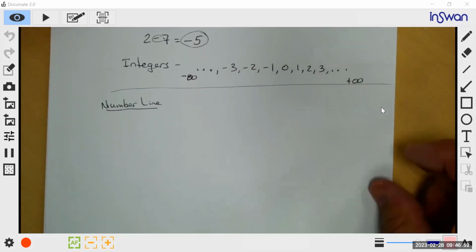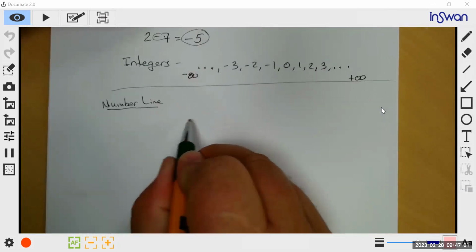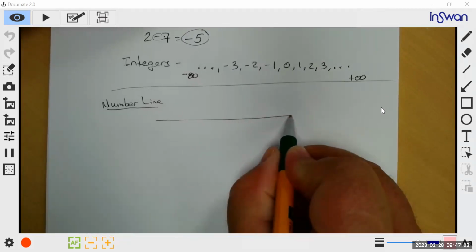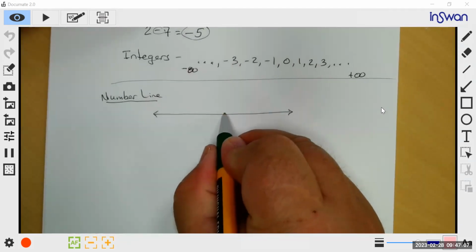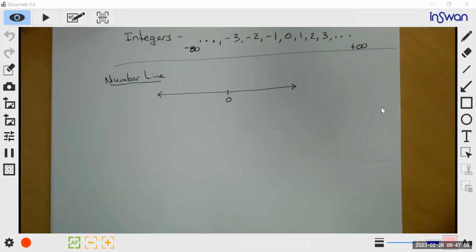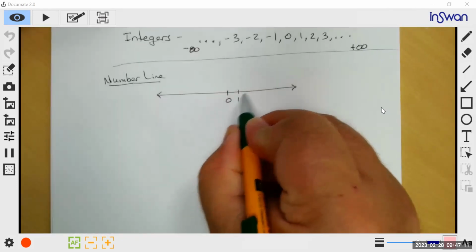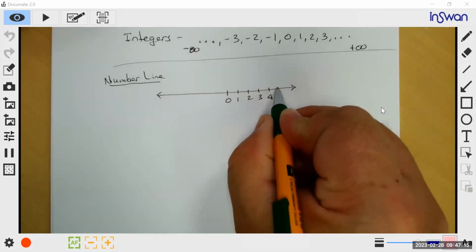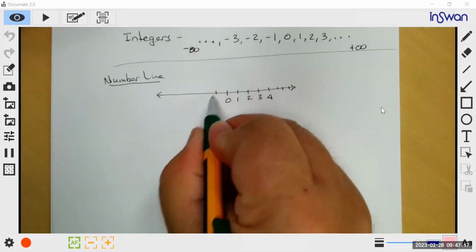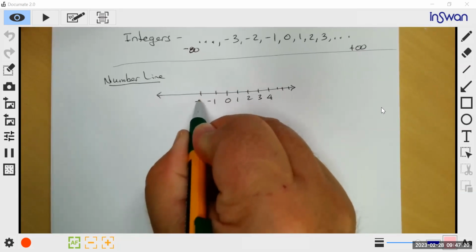We can represent these with a number line. Zero is in the middle, and the numbers to the right are positive. The numbers to the left are negative.